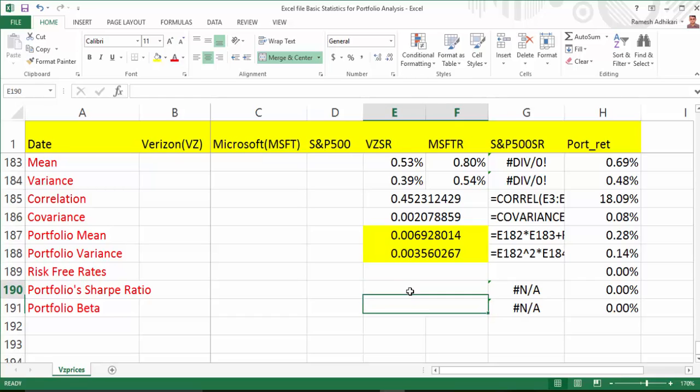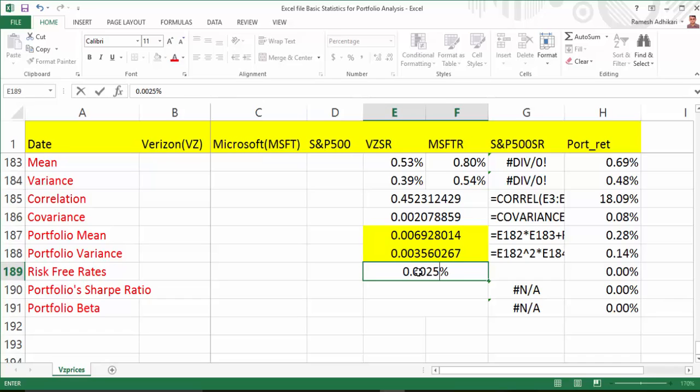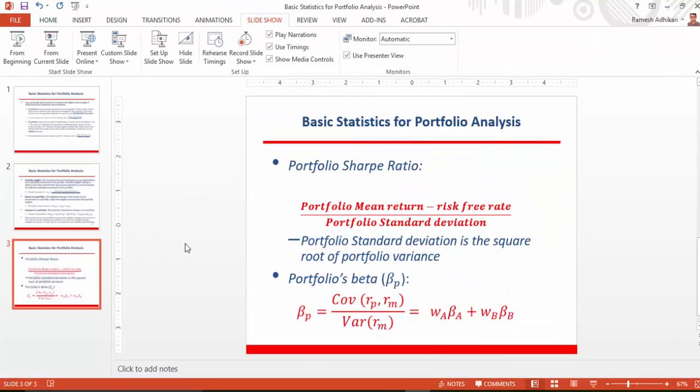To calculate the Sharpe ratio, we need the risk-free rate. Let's assume that the risk-free rate is 0.0025%. And once you know the risk-free rate, the Sharpe ratio is easy. Sharpe ratio is basically what? If you look at the formula here, the Sharpe ratio is the portfolio mean return minus the risk-free rate over the portfolio standard deviation.